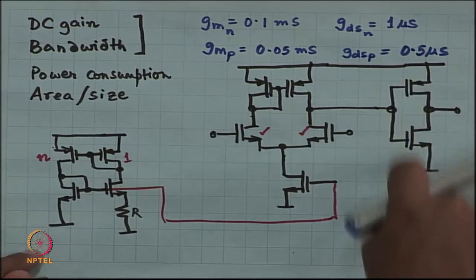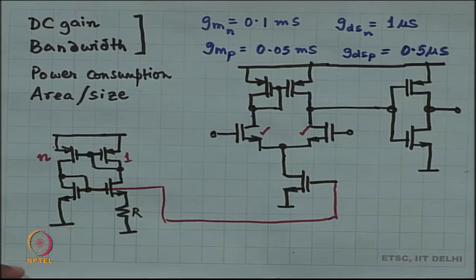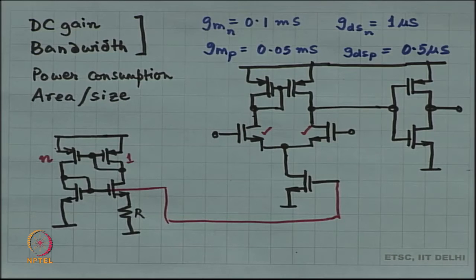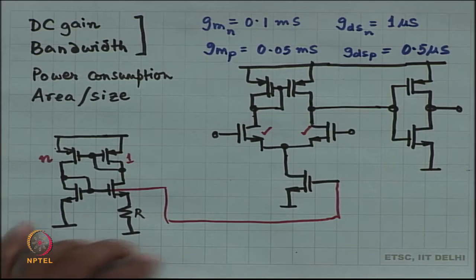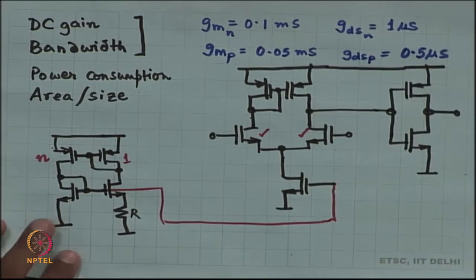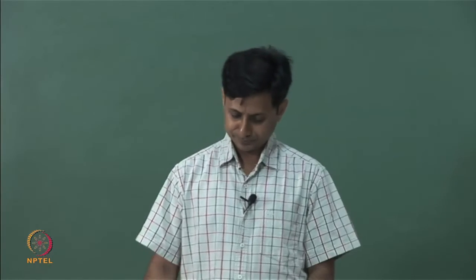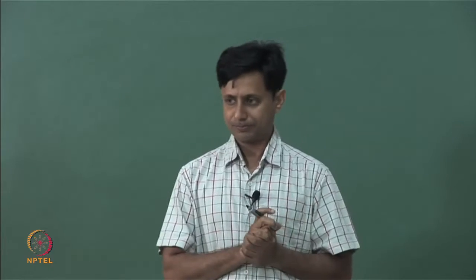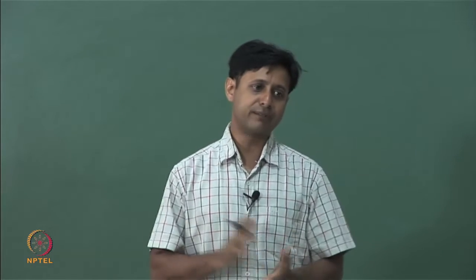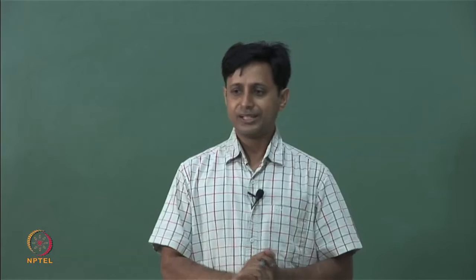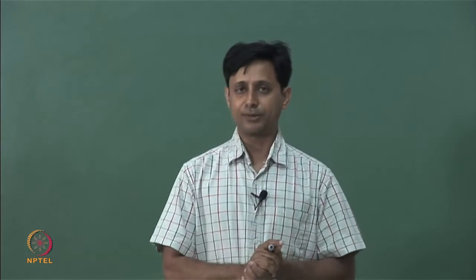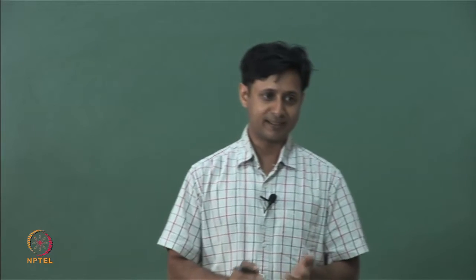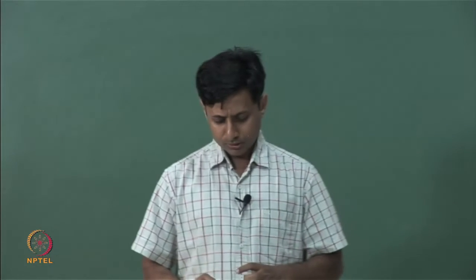You want the GMs to be equal, the GDSs to be equal, all right, otherwise it is going to be suboptimal. The behavior of this second circuit is not going to be optimal. All right. So, this is kind of the structure. I am just trying to motivate an example op amp over here. This might not be the op amp that you finally end up with, but this is just trying to motivate an example op amp. Okay.